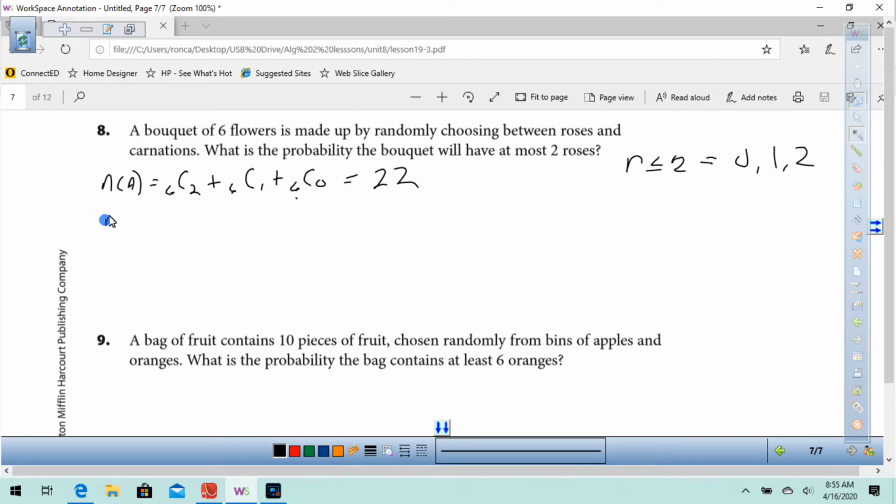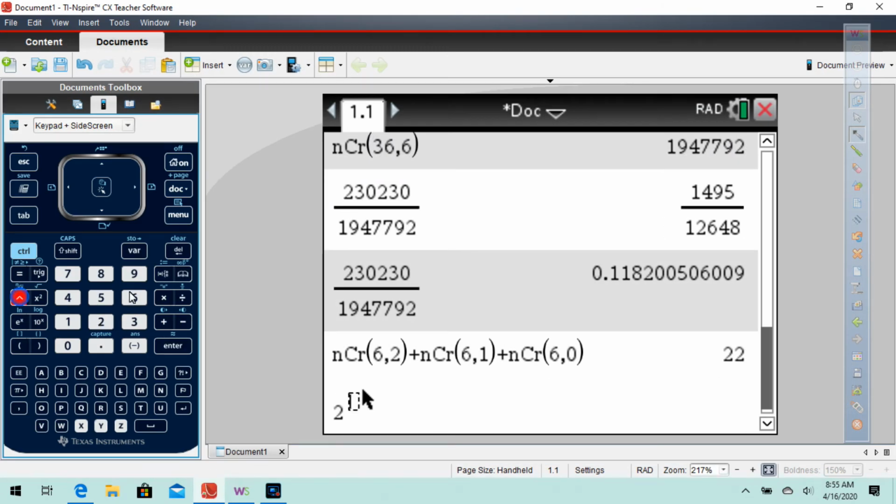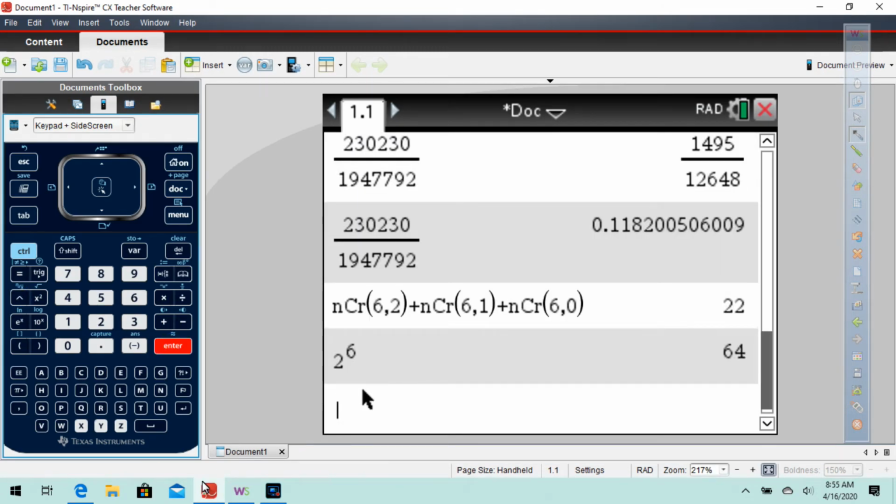Now, the sample space. How many choices do we have? We have 2 choices, roses or carnations, and we're going to do this 6 times. So this is going to be 2 to the 6th power, which is 64.